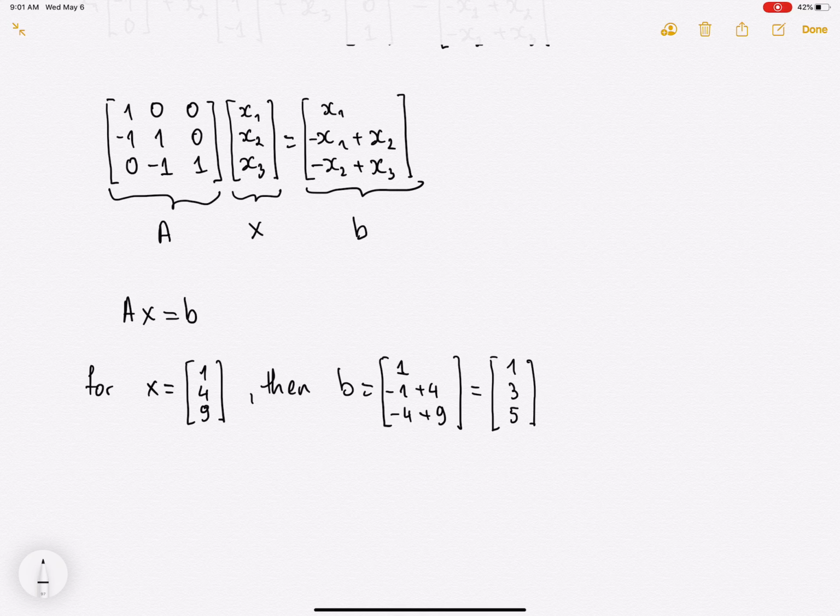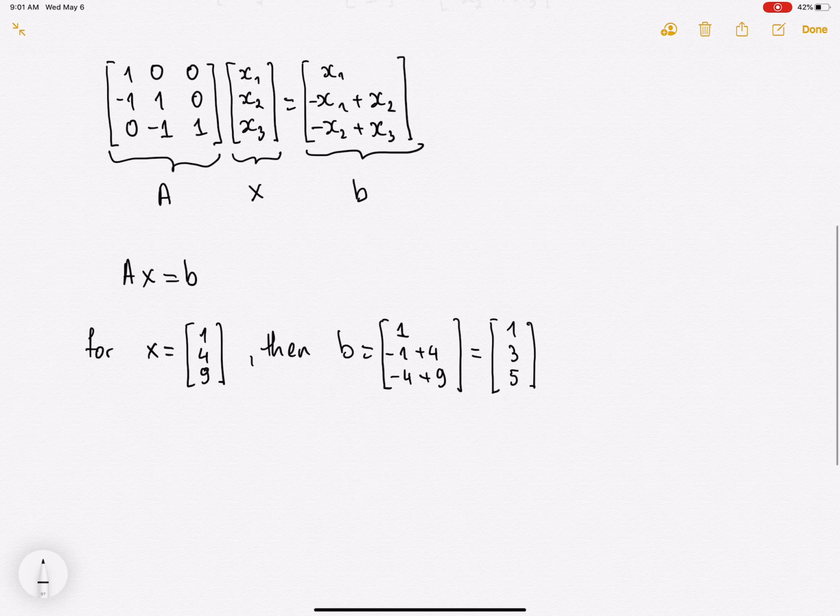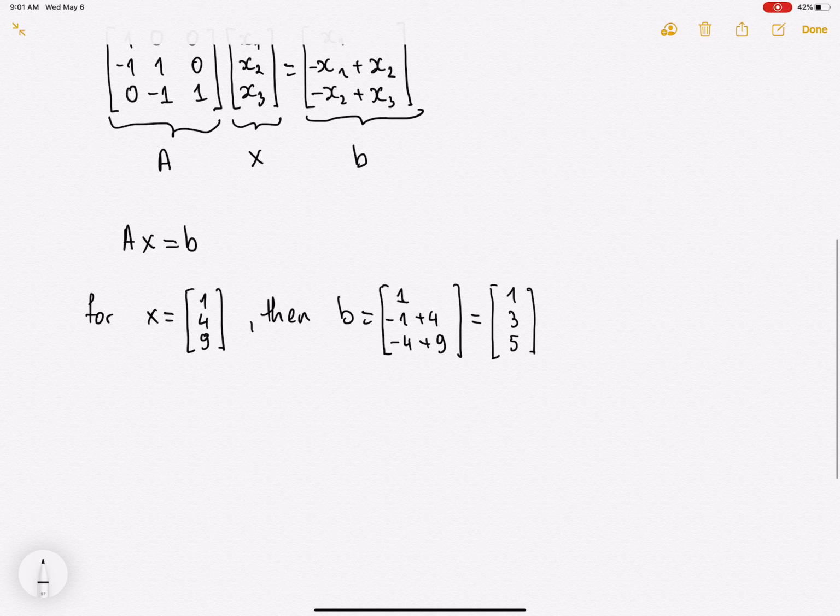So in some sense, what we did was we applied the matrix A onto this vector 1, 4, 9, and it gave us the vector 1, 3, 5.